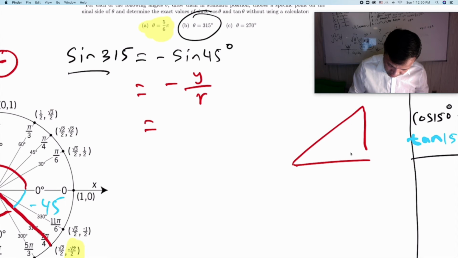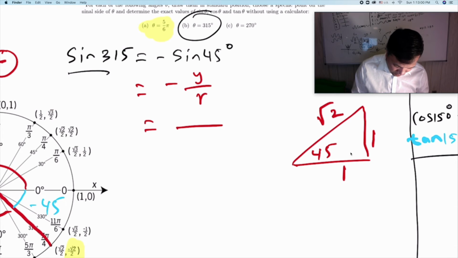This is 45, this is 90, and this is also 45. So this is 1, this is 1, this is square root of 2. Now I want to know the y, and this is my y. So it's negative 1. And I also want to know the r. This is my r, so this is square root of 2.